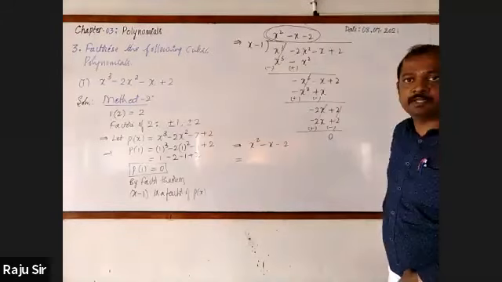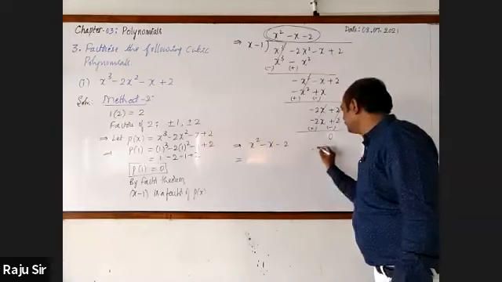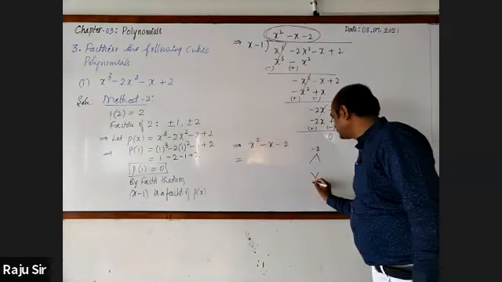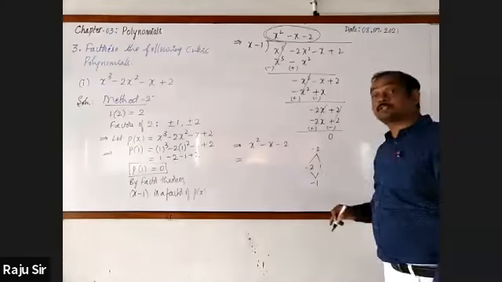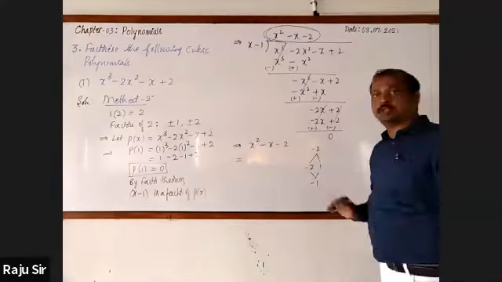We are very familiar with splitting the middle term. Here the product is 1 into minus 2 and the middle term is minus 1. What are the factors? Minus 2 and plus 1. Minus 2 plus 1 is minus 1, minus 2 into 1 is minus 2.